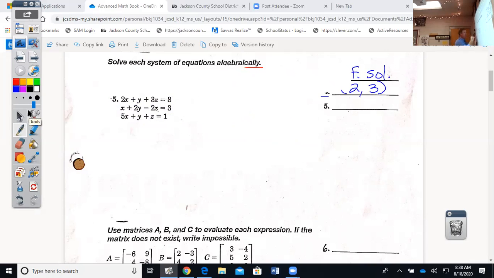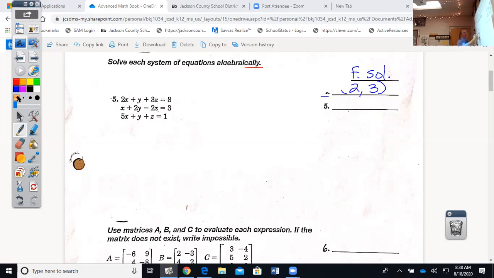All right, 5 is a biggie. Takes a little while. We got 3 variables. I don't know whether X, Y, or Z. They're all about equally easy to get rid of, but I think I'm gonna do Y. Every time I have a Y and a Y, that's really easy. So let's do the Y's.